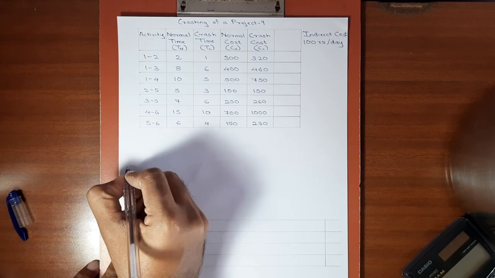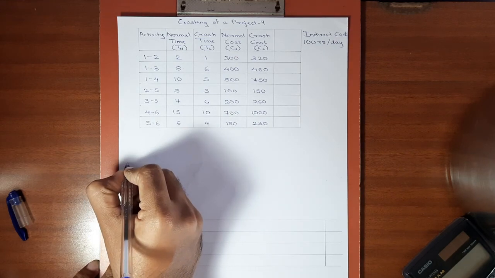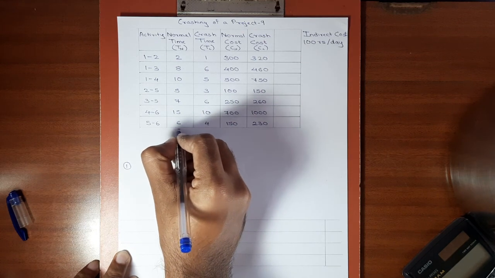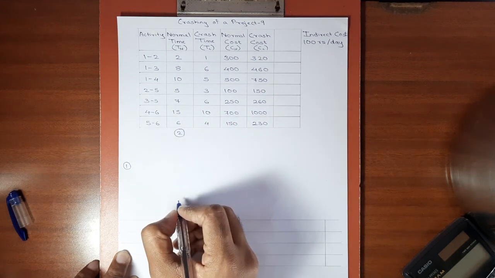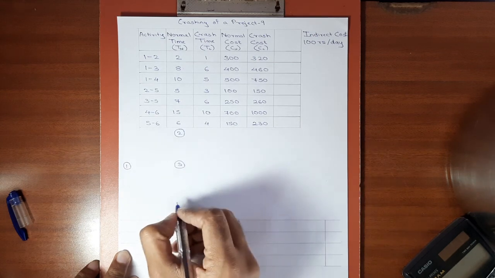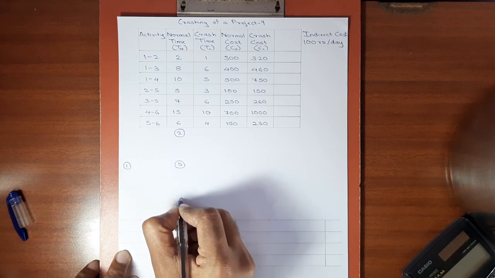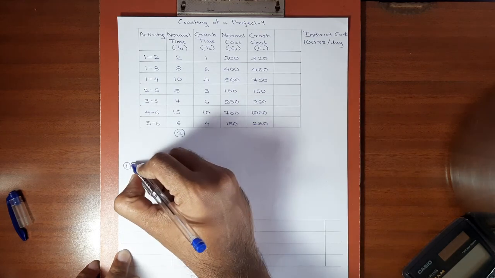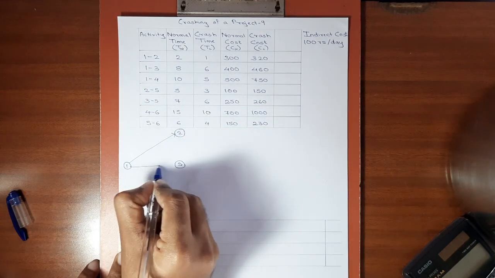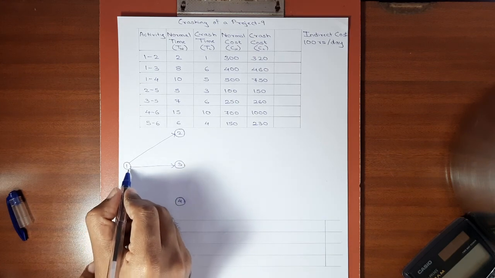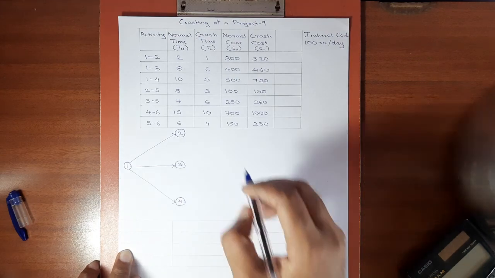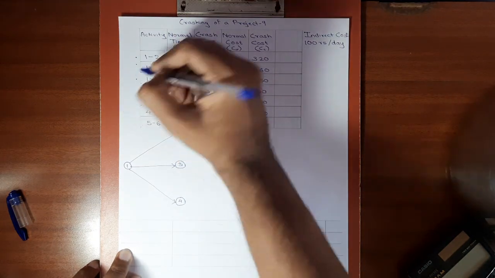Let's proceed. First is activity 1, 2. We'll keep the second one over here. We'll keep the third one in the middle. We'll keep the fourth one over here. Okay, 1, 2, 1, 3, 1, 4. 1, 2, 1, 3 and 1, 4 is done.